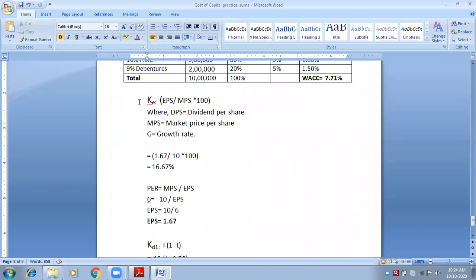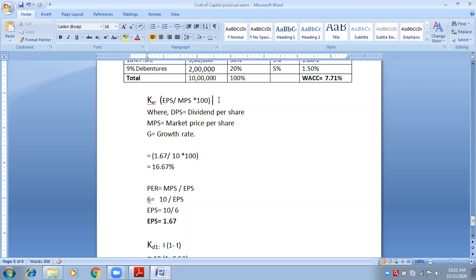Okay, so what is the formula of KE? You remember, we have two different formulas. One formula is DPS upon MPS, another formula is EPS upon MPS. So what can be applied here? DPS or EPS? EPS. Yes, because just now we calculated EPS, earning per share.